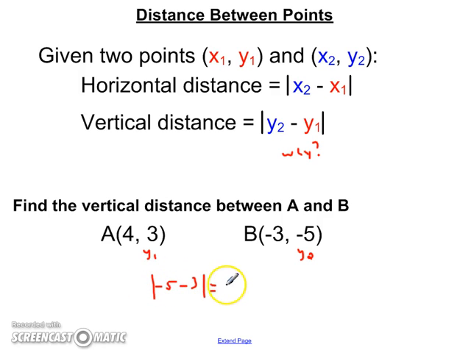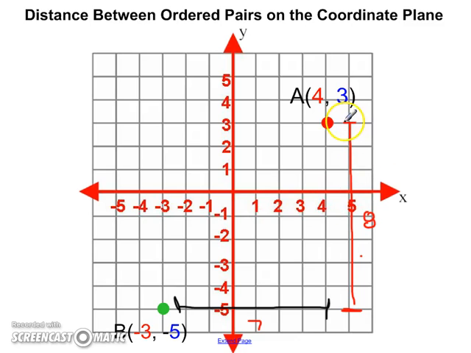Well, -5 minus 3 is -8. But I don't want negative distance, I just want distance. So the absolute value of -8 is 8. They are 8 units apart vertically. Again, you'll notice from here to here, 8 units apart.